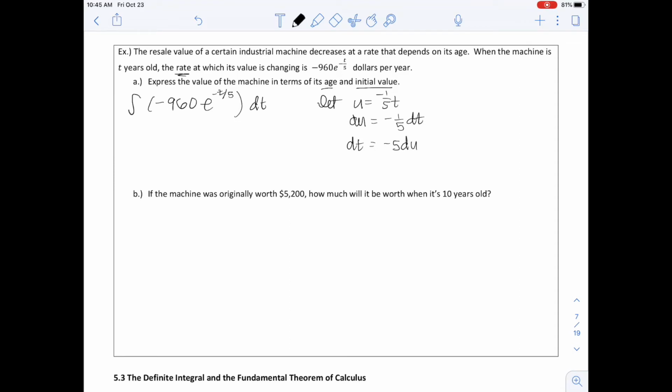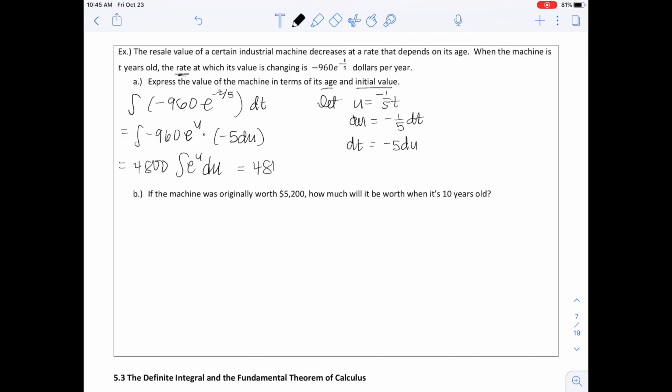So this problem now becomes the integral of negative 960 e to the u, times dt, which is negative 5 du. Now we have all variables of u, so I can multiply negative 960 and negative 5 and pull that value out in front. That's 4,800. And we have the integral of e to the u du, which works out very nicely.